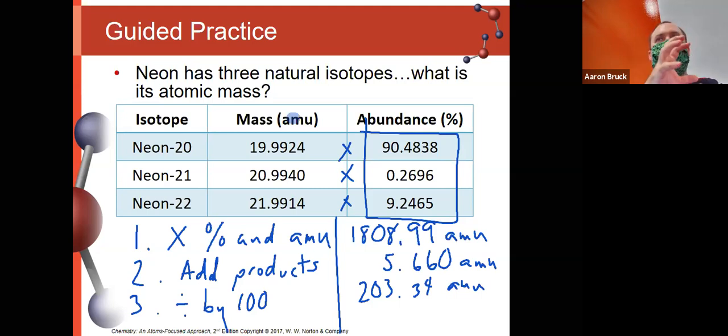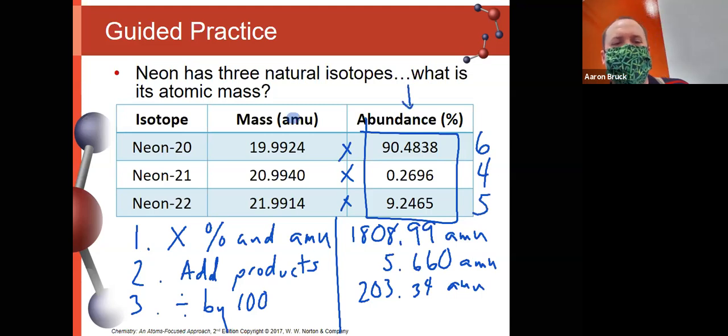So I've got to round each multiplication off because it's going to be combined by addition in the next step. And that's why this had 6 sig figs, that's why this one had 4 sig figs, that's why this one had 5. They were all limited by the number of significant figures in that percent abundance.